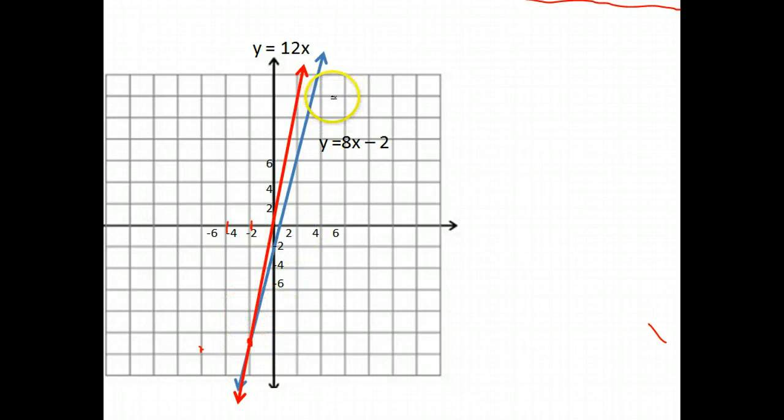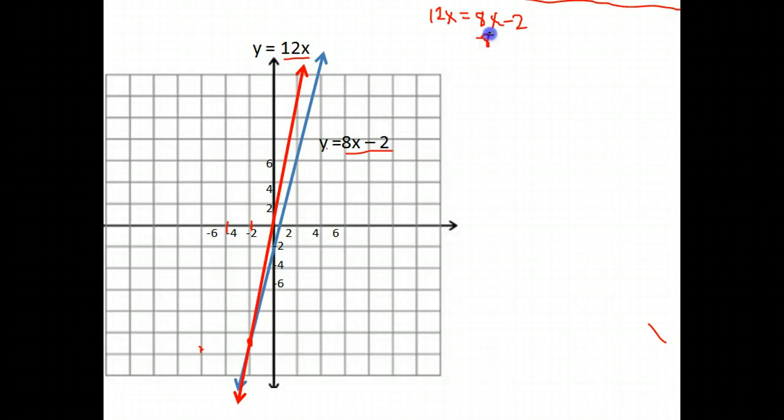Remember, algebraically, since this is y equals 12x and this is y equals 8x minus 2, they're both y, so we can set them equal to one another. We can do 12x equals 8x minus 2. We want to solve that, so we want to get x's on the same side.